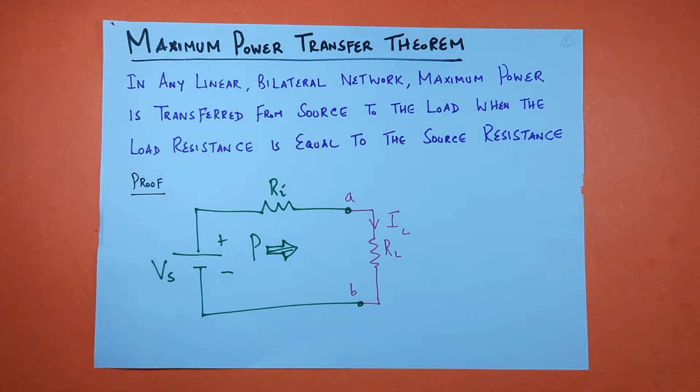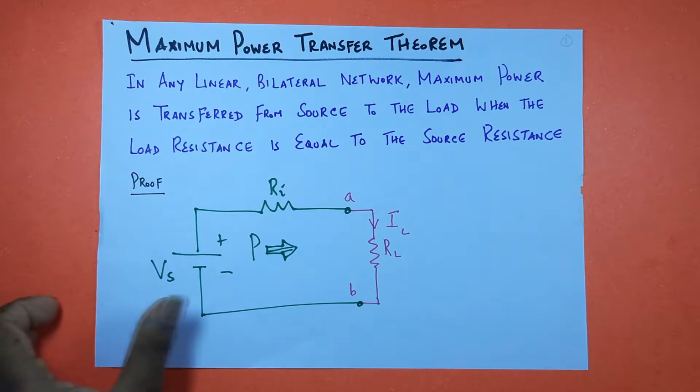So consider this circuit. Here we have a source Vs and Ri is the source resistance. RL is the load resistance across the terminals A and B, and IL is the current through the load resistor RL, and P is the power transferred from source to the load.